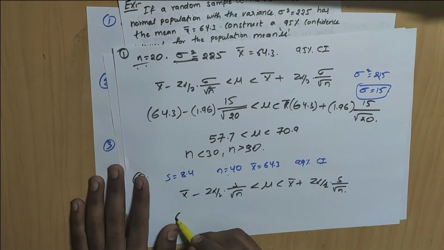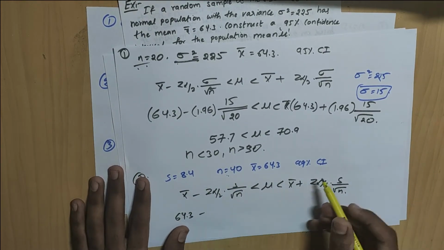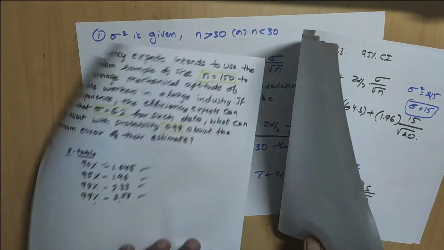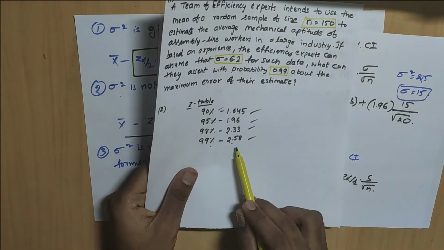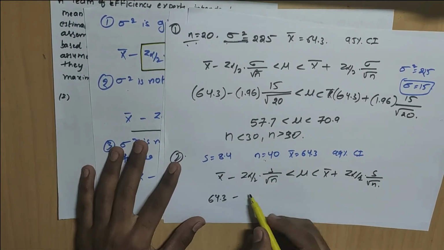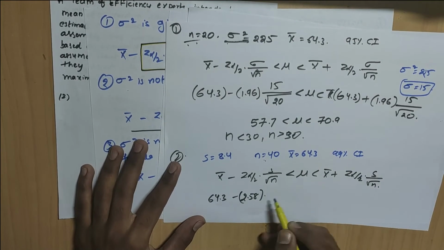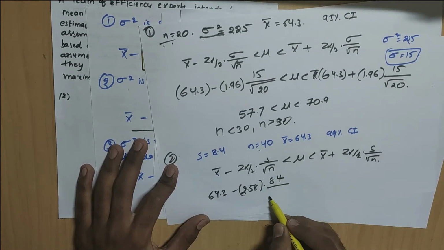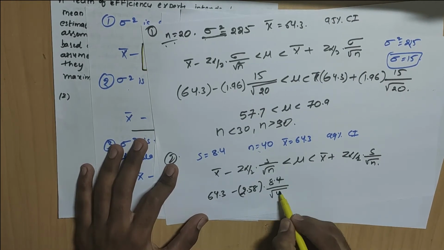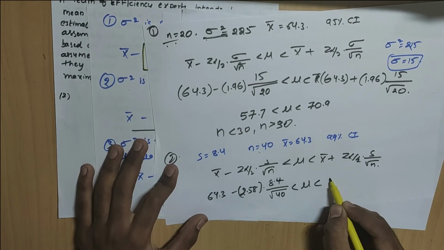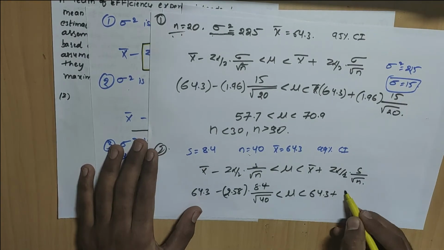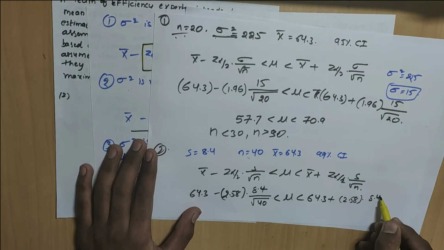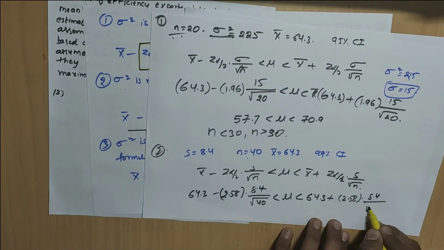Simply substituting the values: 64.3 minus z alpha by 2, for the 99% confidence interval the value is 2.58, and s is 8.4 by root of n value, which is 40.